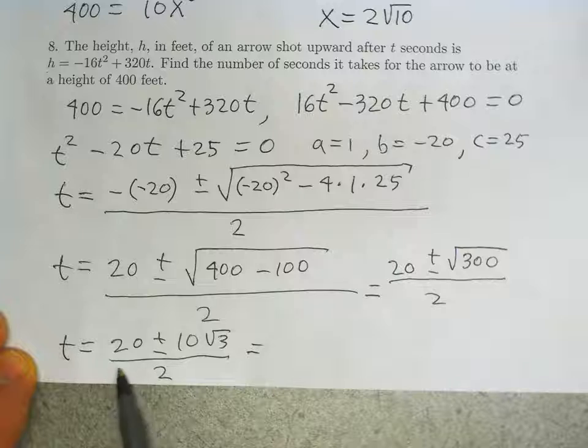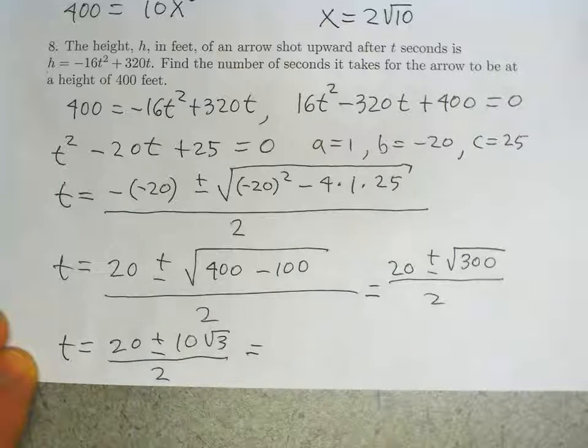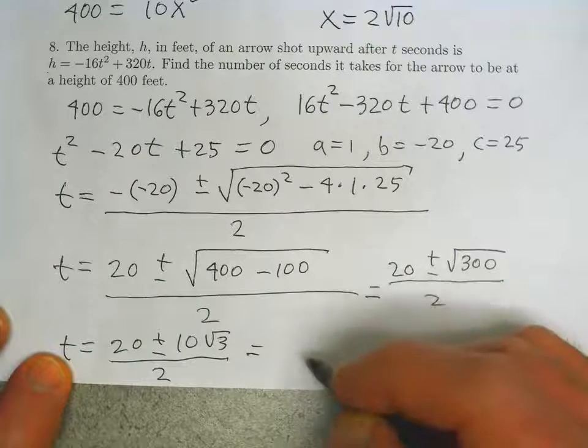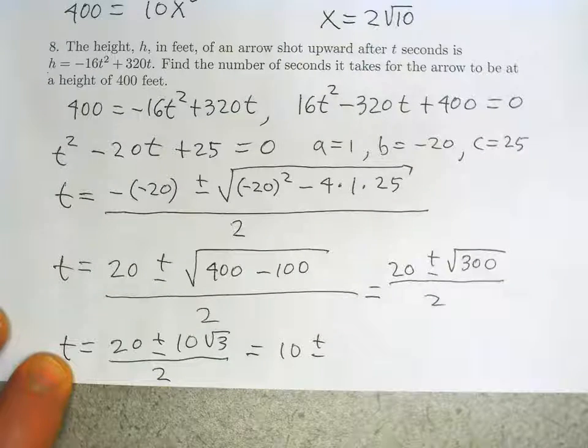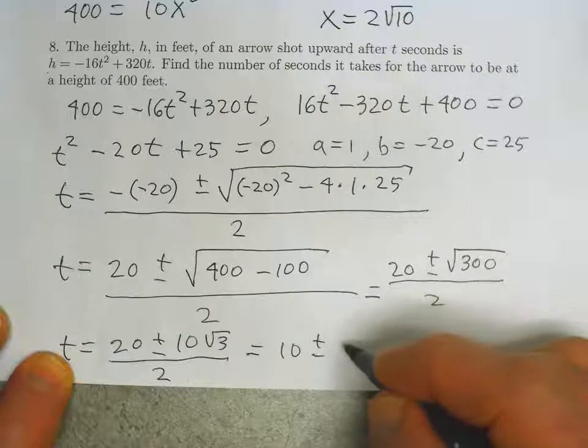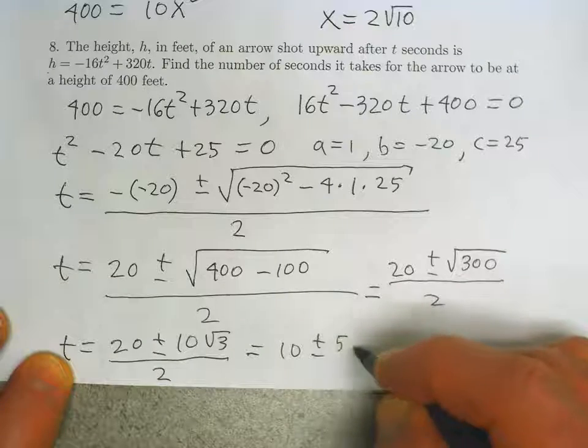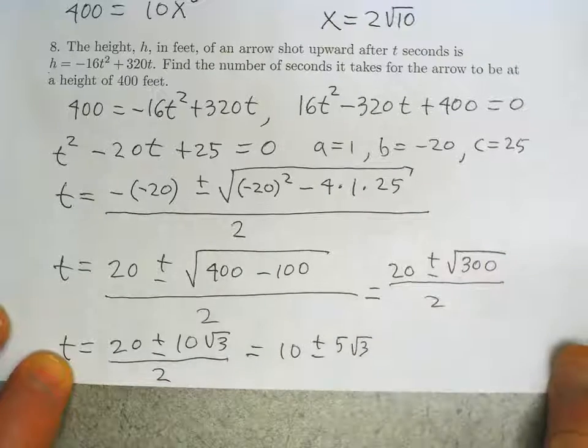And then a common factor of 2 will cancel. So this will become 10 plus and minus 5 times the square root of 3.